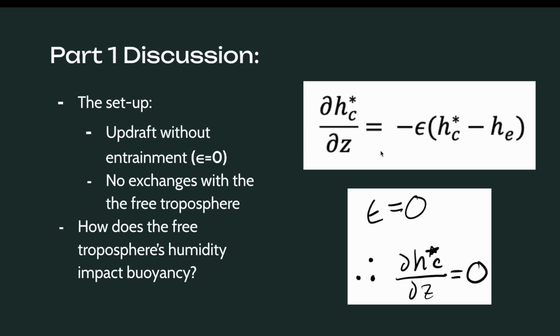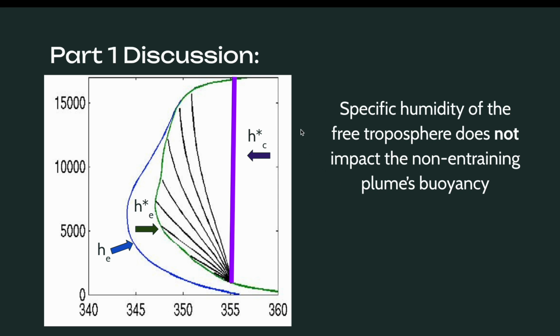Thinking purely in terms of equations, our entrainment rate is 0, so we plug that in and end up with a rate of change with height equal to 0. Under this assumption we can infer that the environment's specific humidity is not going to be impacting the plume's saturated MSE, and thus it will not be impacting the buoyancy. Here I show the same idea.